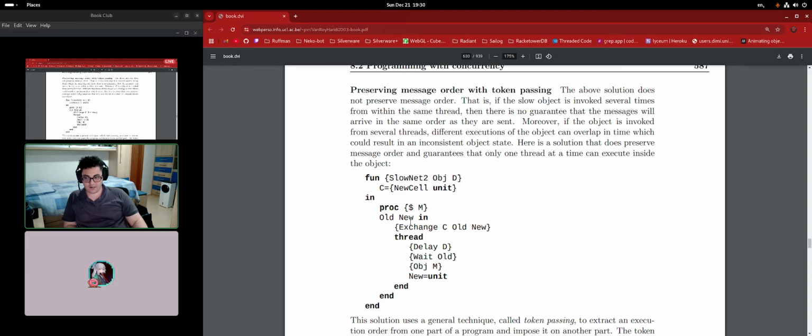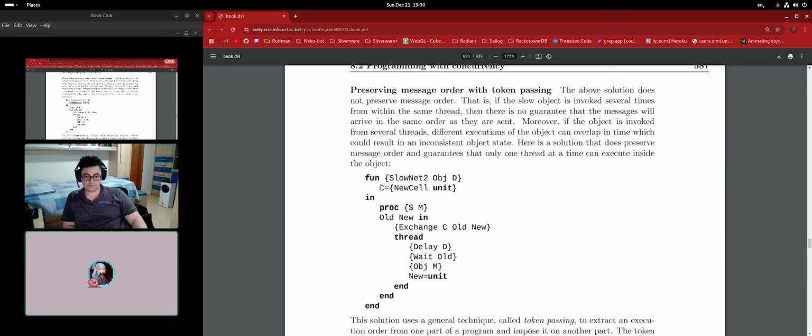Wait, so this is okay. So first, this is using the lexical scoping trick, and these are instantiated every time you send a message to this object, which is simulating a slow network. You're generating fresh old and new variables. Yeah, but how are you waiting for the previous call then? See, when you initialize the cell, you initialize it with unit, which is determined, right? It's not an unbound variable.